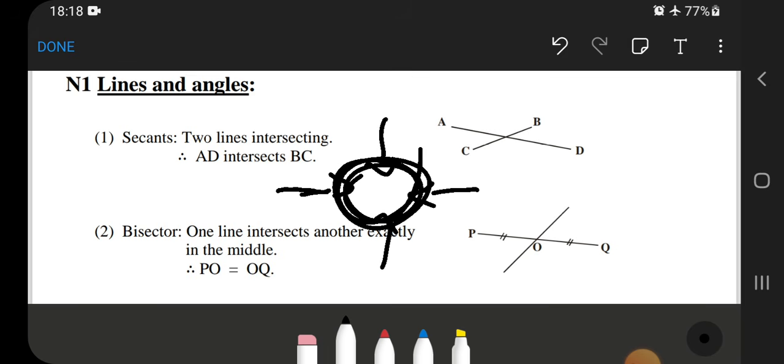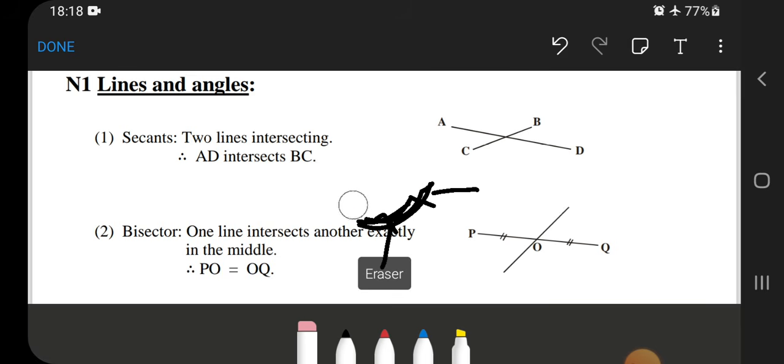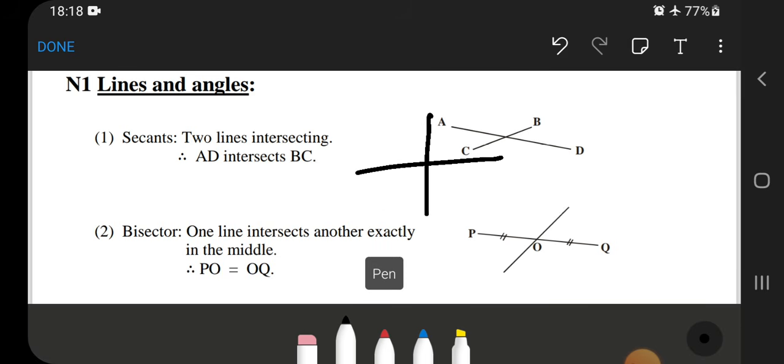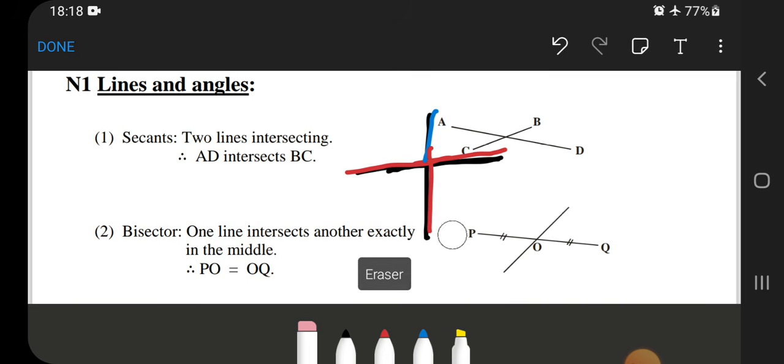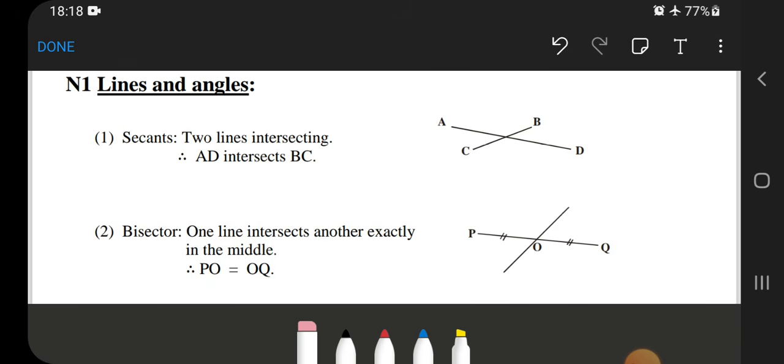So here is what we call an intersection. So these lines are intersecting. Intersecting lines are lines that actually meet. This one meets this one, and this one meets that one. But you understand, it's an intersection. So we have lines that intersect.